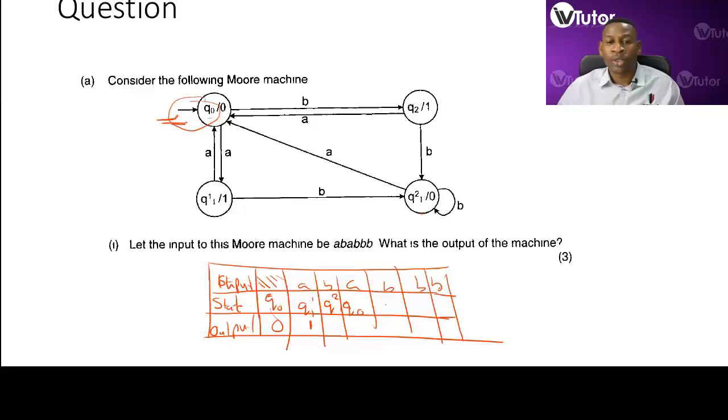And then if you are in Q naught and you encounter B, you're going to have Q2. In Q2 and you encounter B, you stay in Q2.